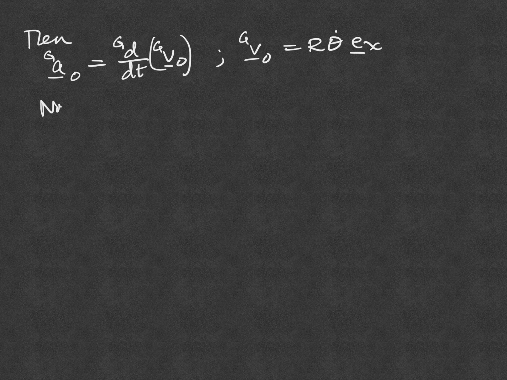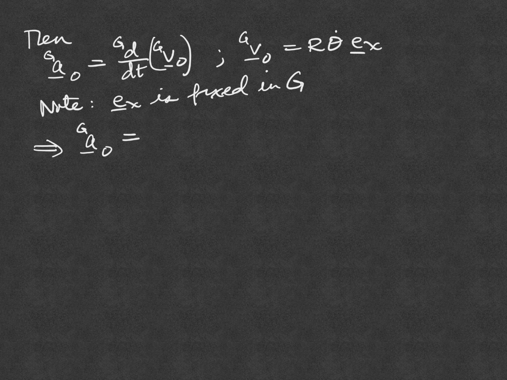But note, EX is fixed in G. So I can just take the derivative straight away, because no transport theorem is required: EX is fixed in G, I'm taking the derivative as viewed by an observer fixed in G, and all I have to do is differentiate the coefficient. So the acceleration of O in G is equal to R theta double dot times EX.